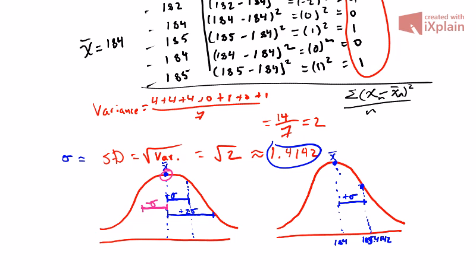That's 184 plus the square root of 2. Now, if I want to do that twice, I'm just going to add another point. 185.4142 plus another 1.4142 would basically be 186.8284. Now, that's all standard deviation really is.